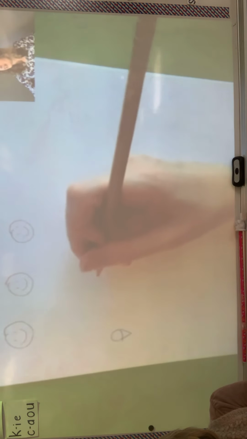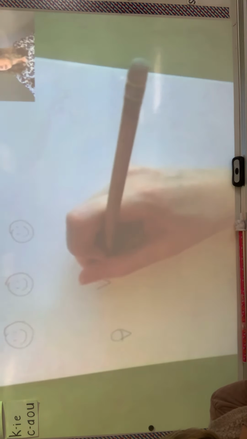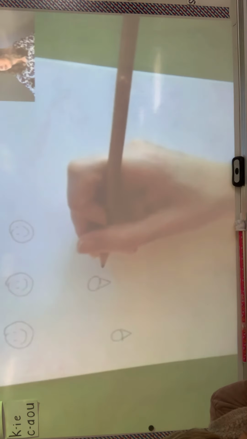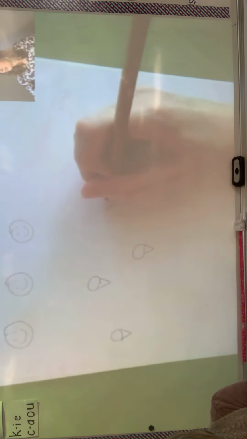Let's draw another one. Another cone. Another cone. And our last cone. Great job.